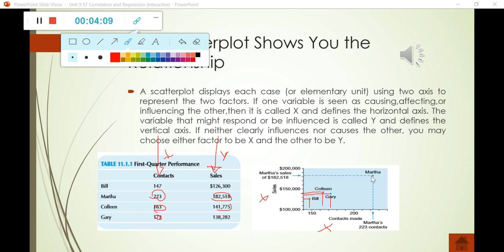And then we have Martha. Now we're going to throw a line and see how they are connected. Colin and Gary start to go... I think I can make a straight line. Let me remove everything.